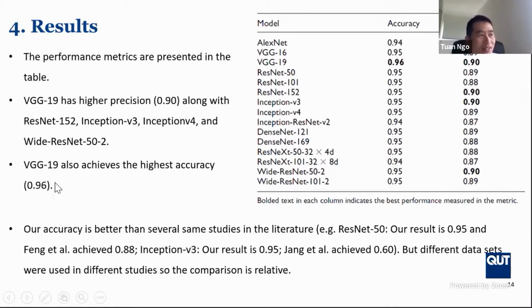In general, all 15 deep learning models we investigated perform pretty well. The accuracy is in the range of about 0.94 to 0.96, and precision is also quite good. So we are really happy with those models, and compared to some previous studies in the literature, I think we see a good improvement here.